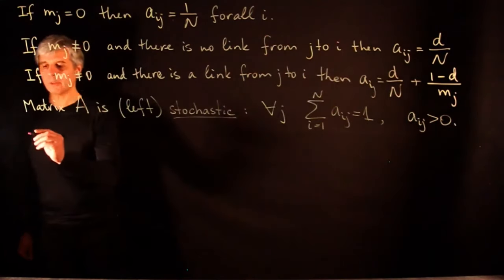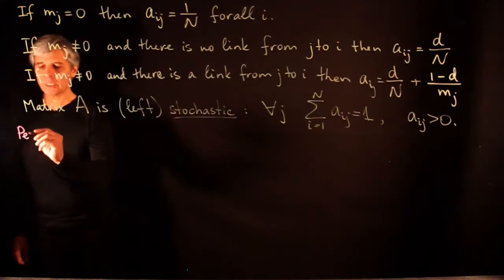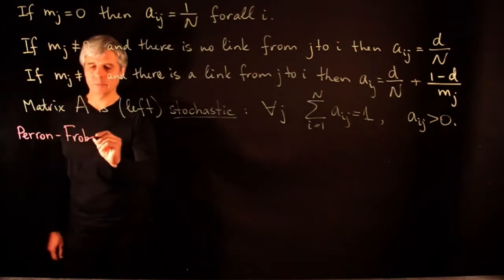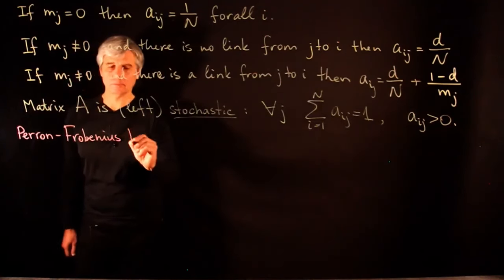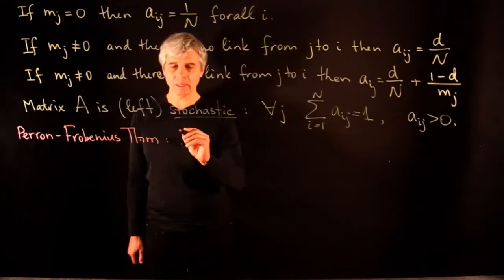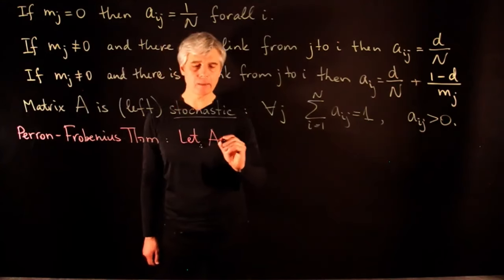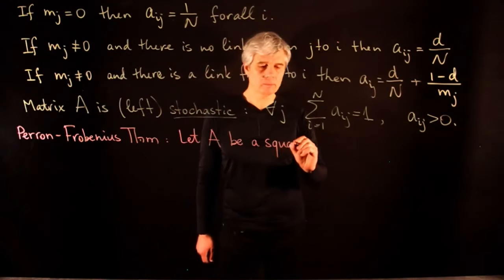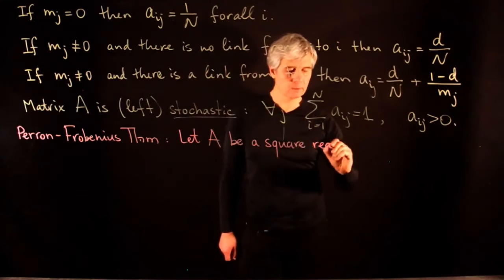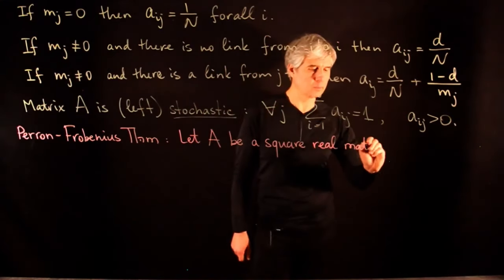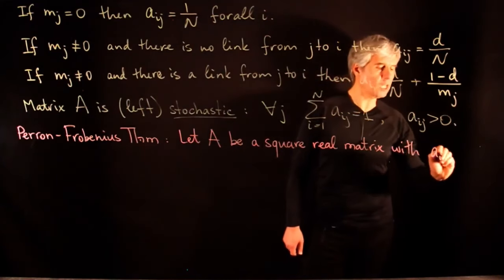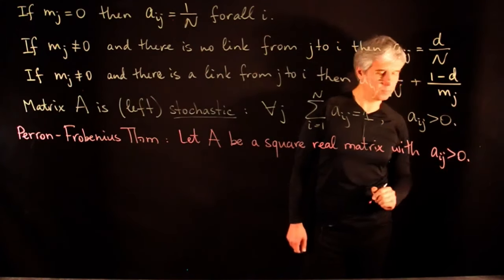Let us quote the following Perron-Frobenius theorem. Let A be a square real matrix with a_ij strictly greater than 0.